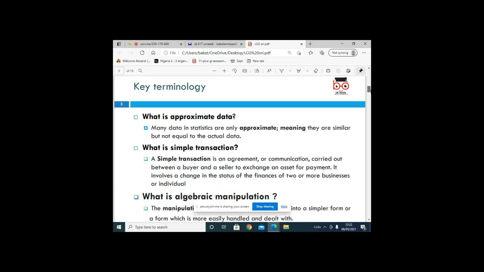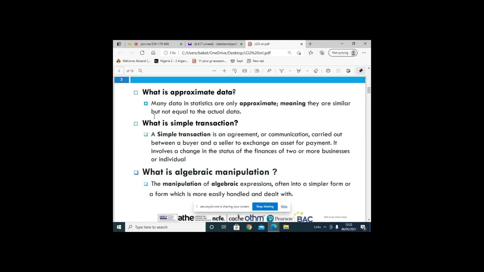So the key word here is: what's the data? In data and statistics, when you say approximate, it doesn't mean that's the exact value. It might be a few numbers away from it, or a few numbers above it.